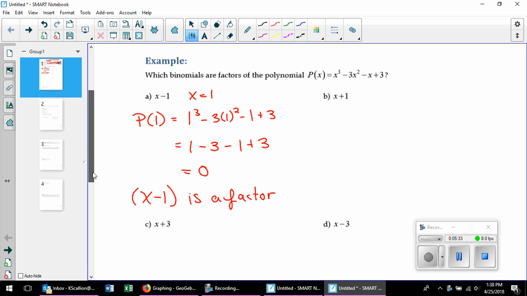Okay. Is x plus 1 a factor? I don't know, so we're going to check it.